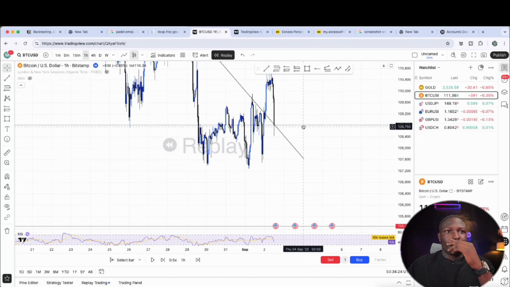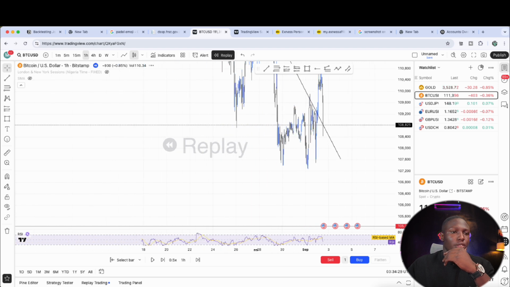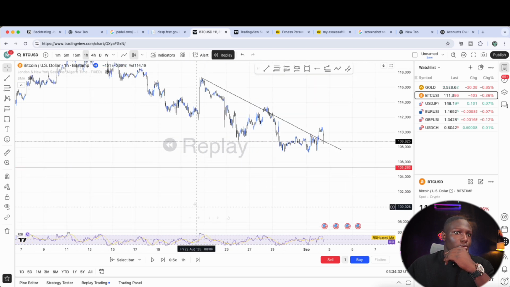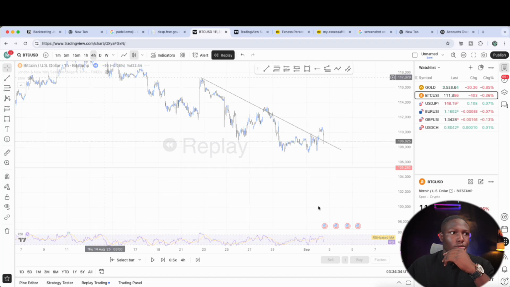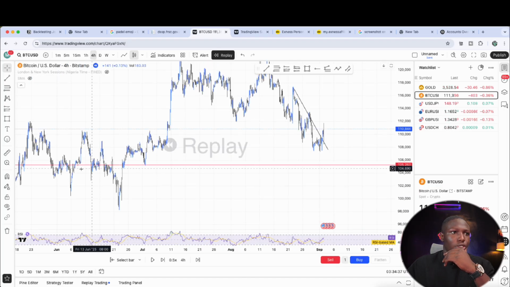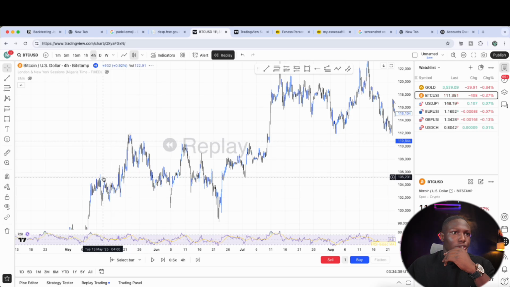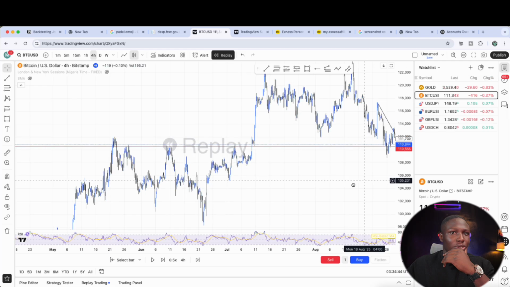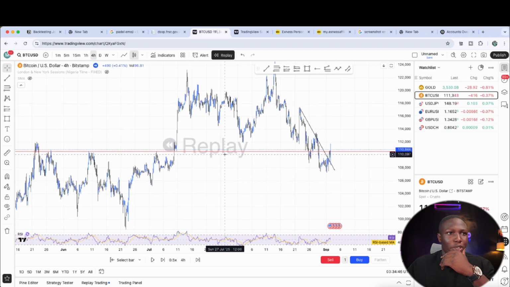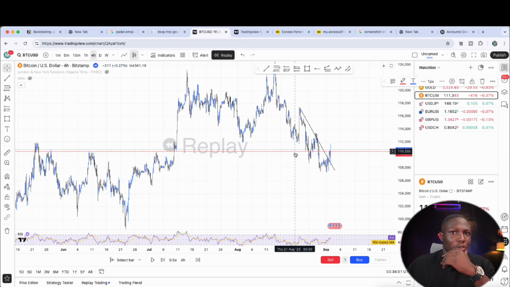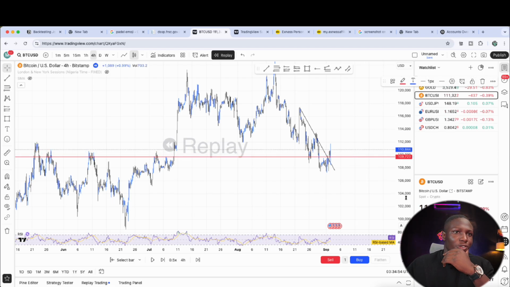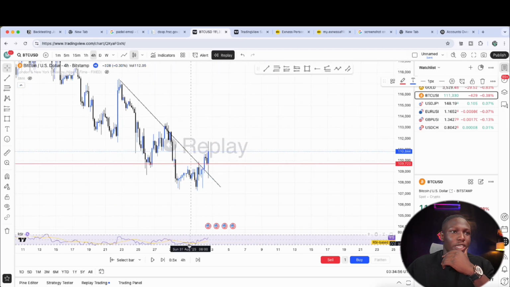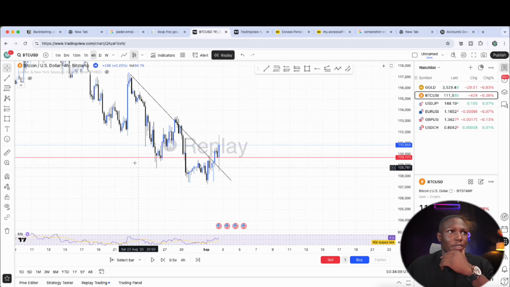As we can see, price is already at a reversal point. This is the recent resistance, which is now turning into this support zone. Price is already in this support zone, and now we are going to look for more buys because price is already reversing to the upside.